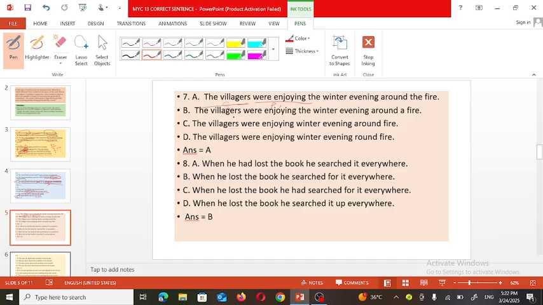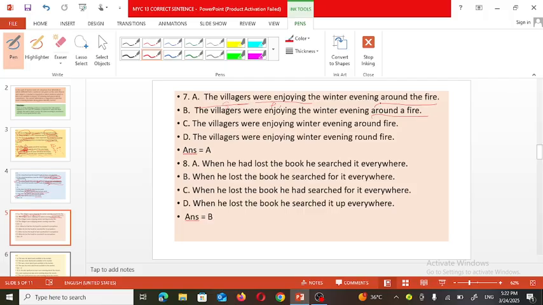Second one, the villagers were enjoying the winter evening around a fire. Here also, around a fire is given and around the fire is given.